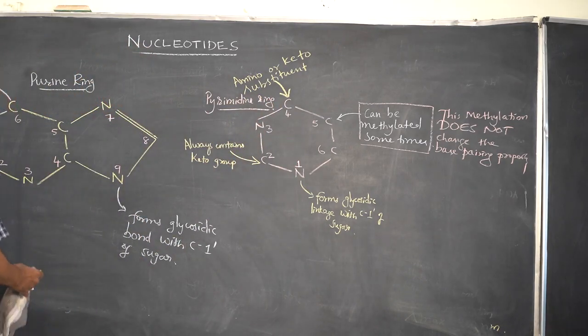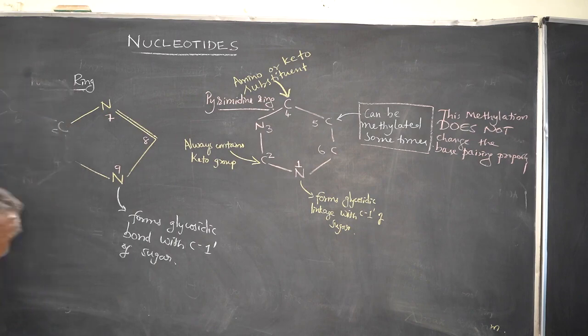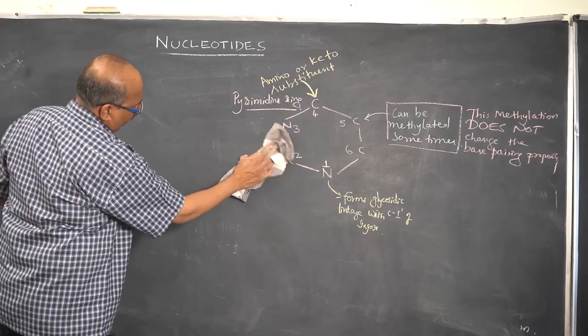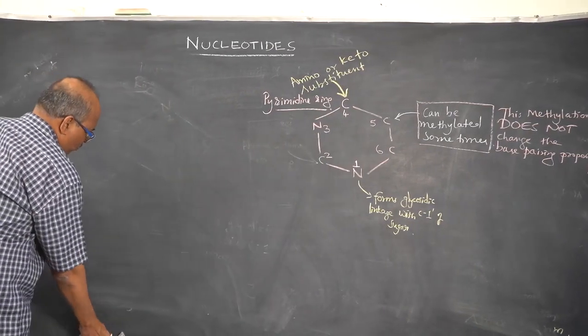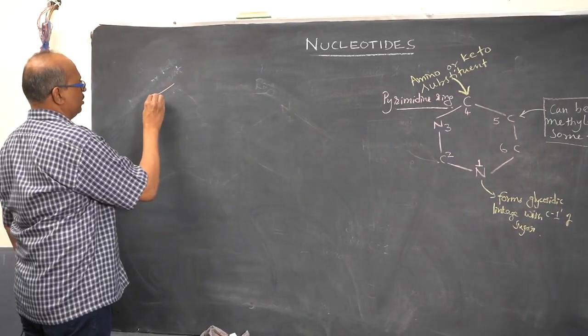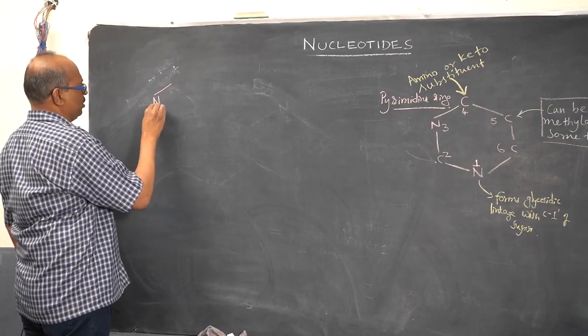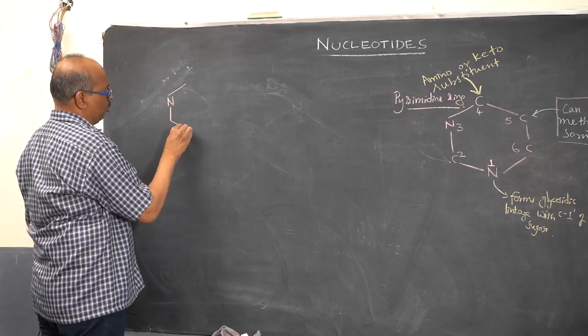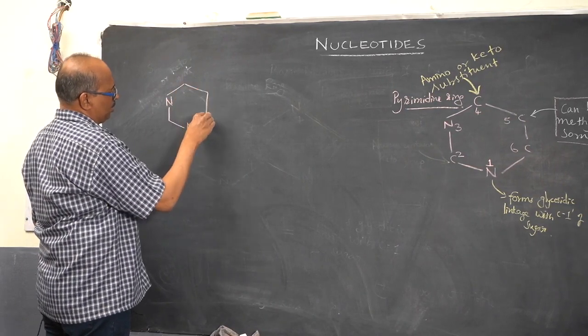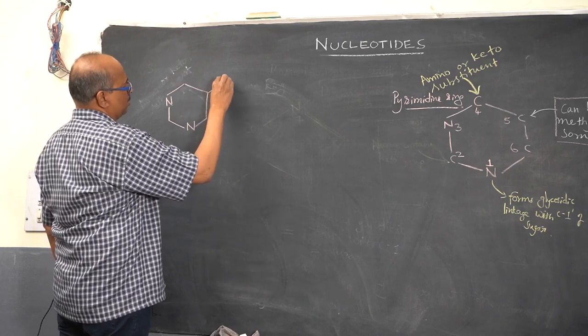Then we'll take the common purines and pyrimidines. So first we'll go to the purines. We have 2 purines that are common, which occur both in DNA and RNA. There is no purine-based difference of nucleic acids.